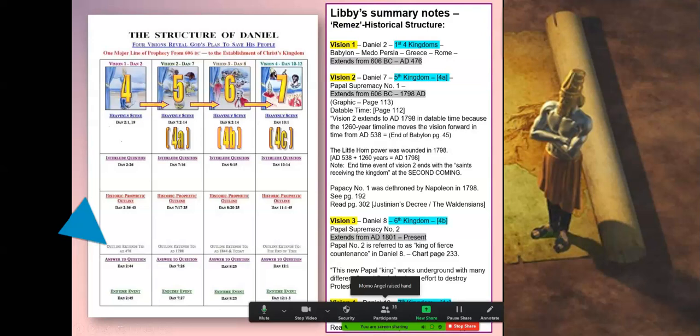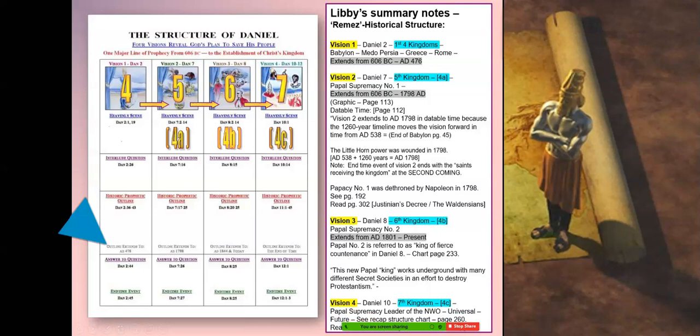So AD 538 plus 1,260 years equals AD 1798. Note, the end-time event of Vision 2 ends with the saints receiving the kingdom at the second coming. So papacy number 1 was dethroned by Napoleon in 1798.